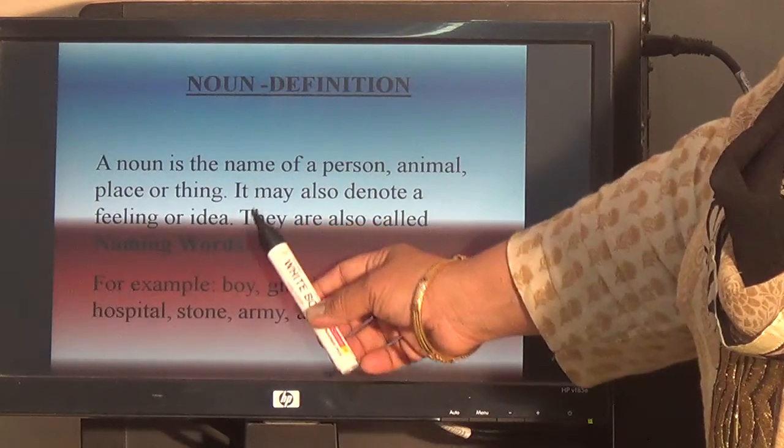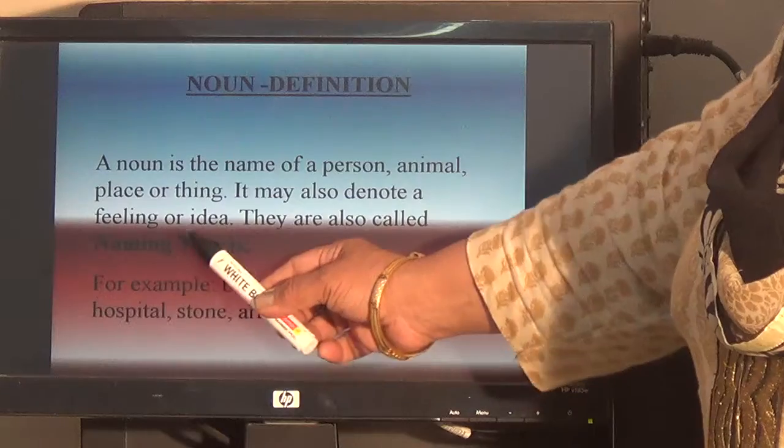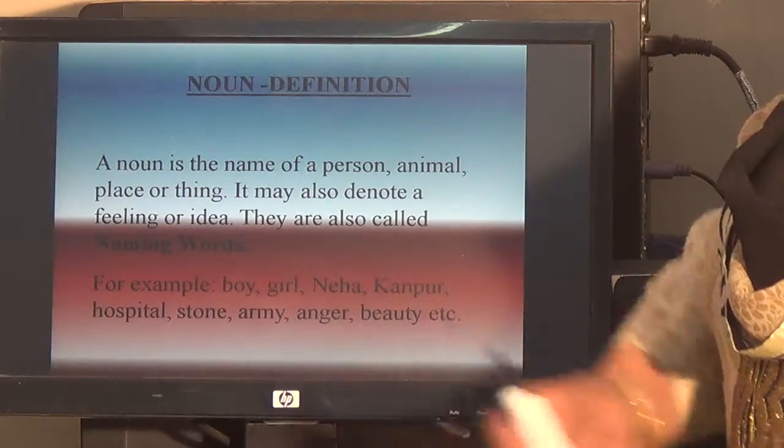A noun is the name of a person, place, animal or thing. It may also denote a feeling or an idea.